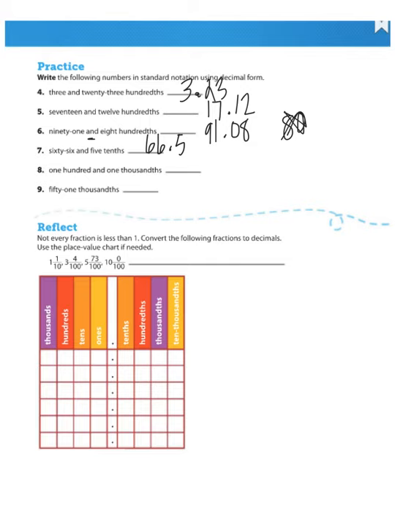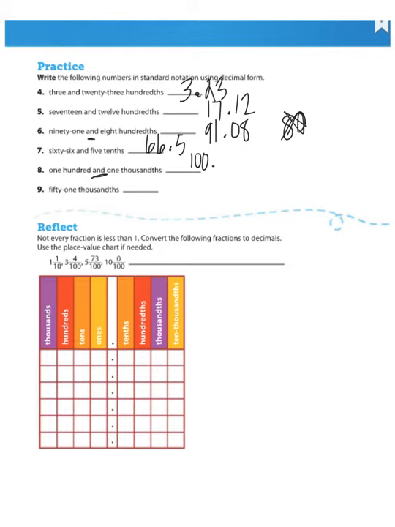Number 8, 101 thousandths. Okay, this one's going to have quite a few zeros in it. So start with your 100, and where your decimal point goes, 101 thousandths. Okay, so we're in the thousandths place value. So I'm going to have 3 numbers after my decimal point.